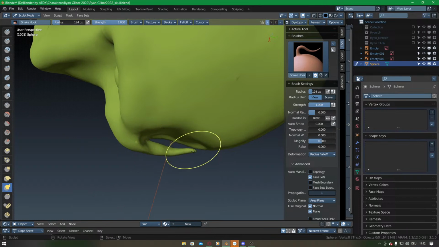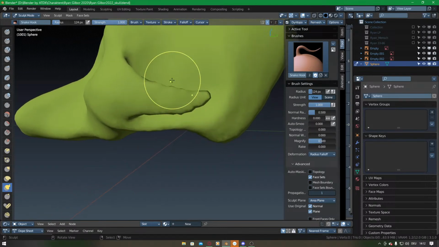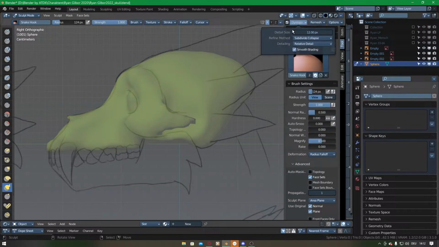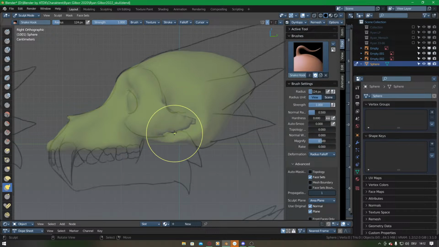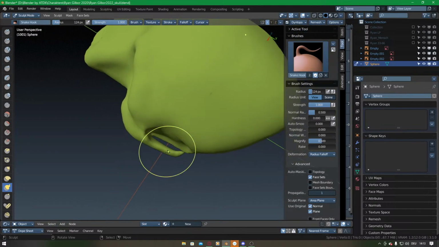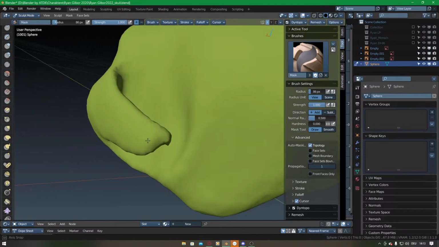It doesn't want to work. I need more details. Where is it? All right, what I could try is use masking.